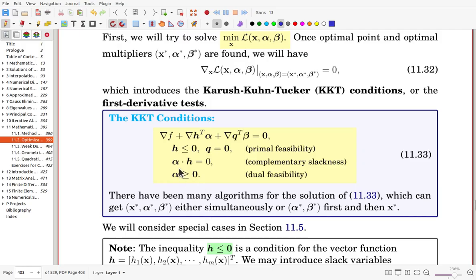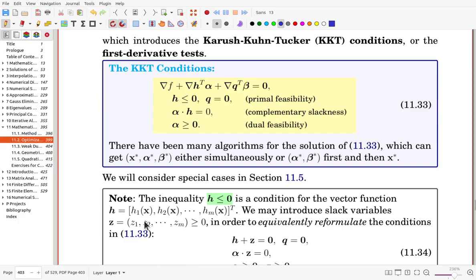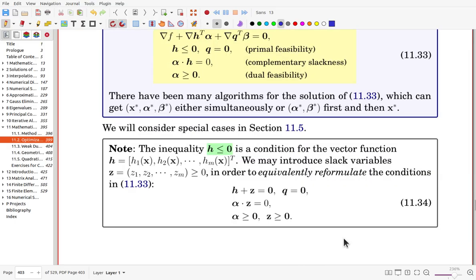In reality, this inequality comes with functions and vector functions, so in many cases it's not so convenient. So we may introduce slack variables, for example z, so that we can reformulate equivalently in this way.